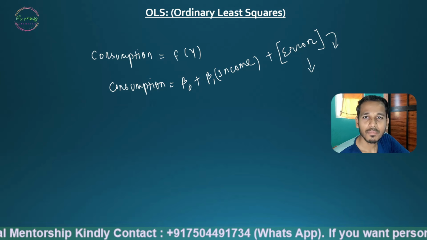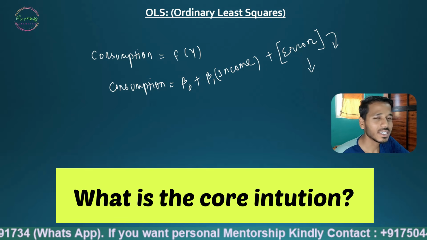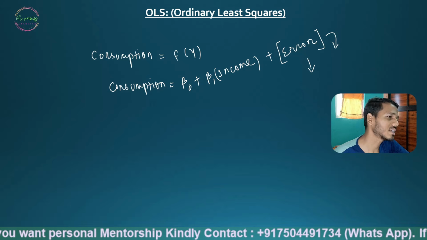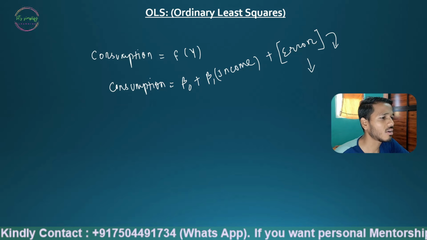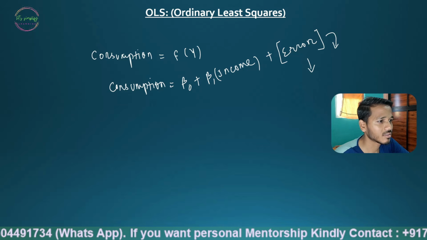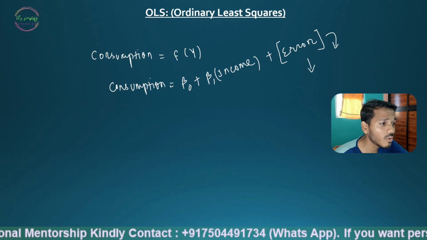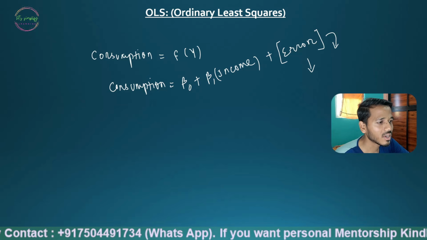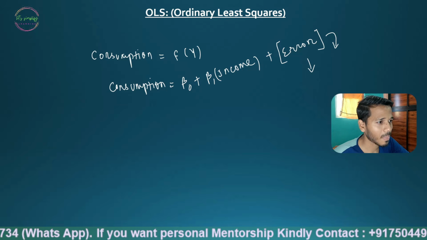Coming to part 2 of the lecture, what is the core intuition? Imagine you have many data points. You draw a line, but not all points lie on the line. That means there are errors, which are called residuals.